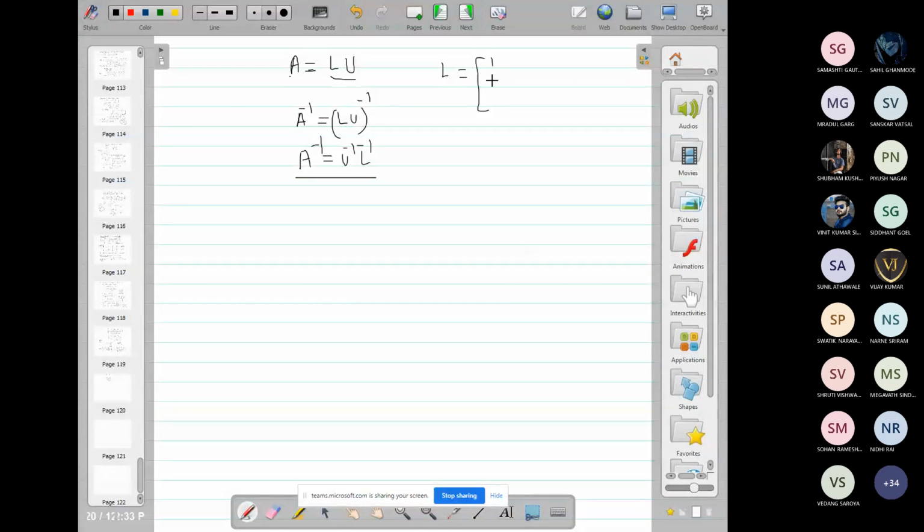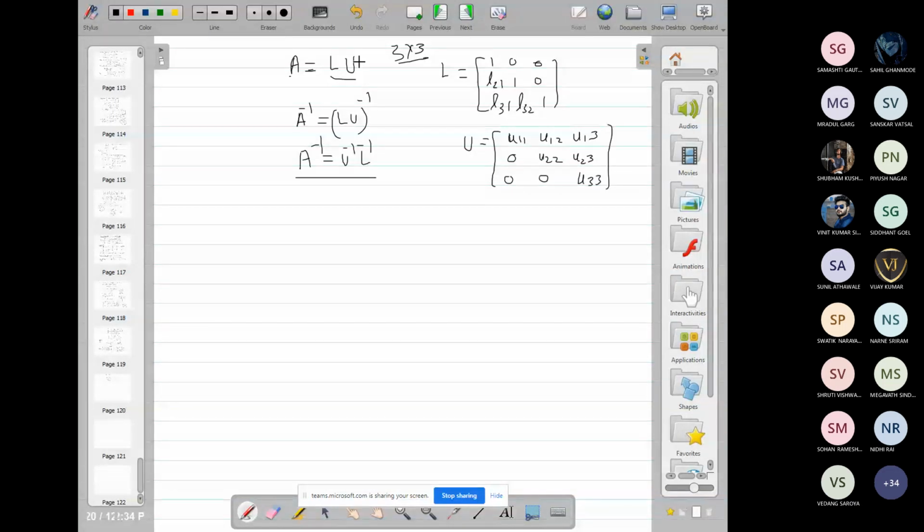L is equal to 1 0 0, suppose 3 by 3 in case of 3 by 3, L21 1 0, L31 L32 and 1, and U is equal to U11 U12 U13, 0 U22 U23, 0 0 and U33.